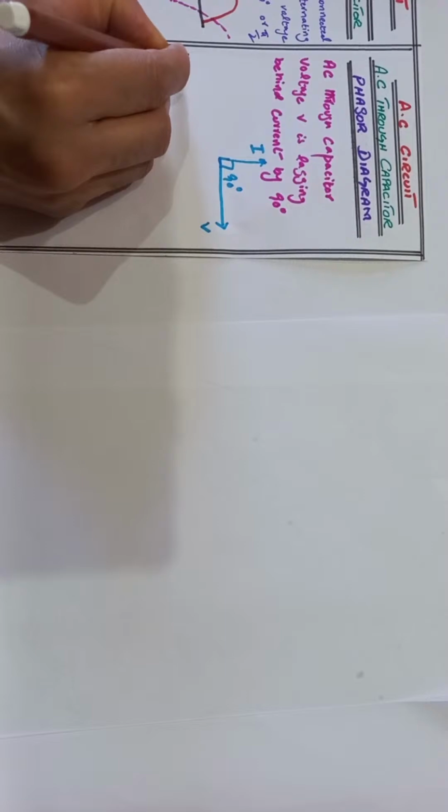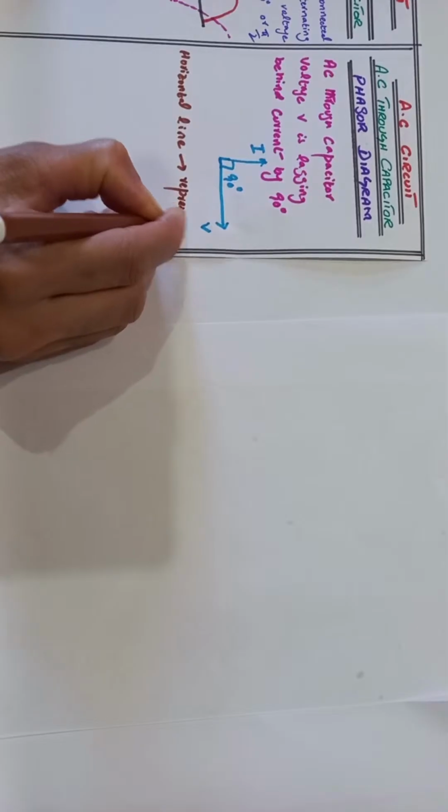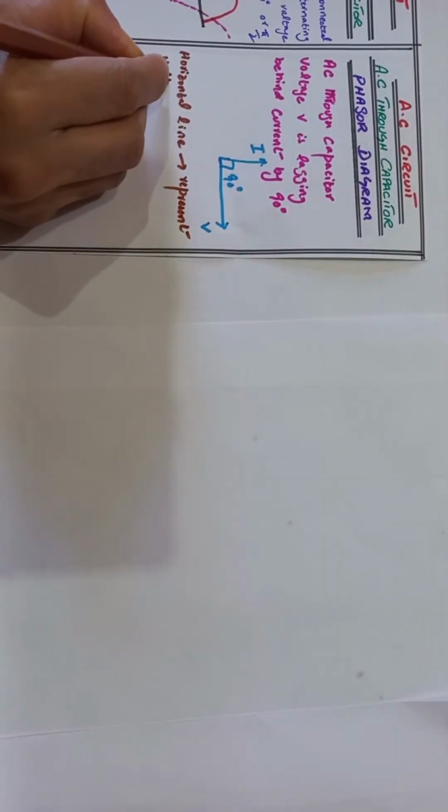So here the horizontal line represents the voltage, and the current phasor will be ahead of the voltage by 90 degrees.